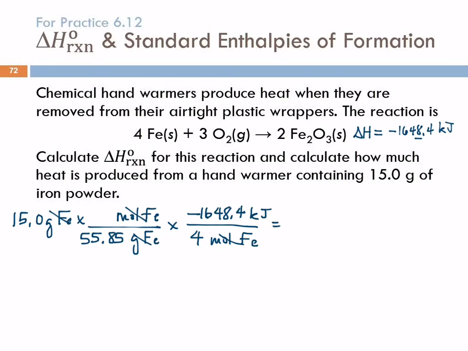Moles of iron cancel out. 15 divided by 55.85 times negative 1648.4 divided by 4. And I'm coming up with minus 110.68, with 3 sig figs, so I'd round that to minus 111 kilojoules.